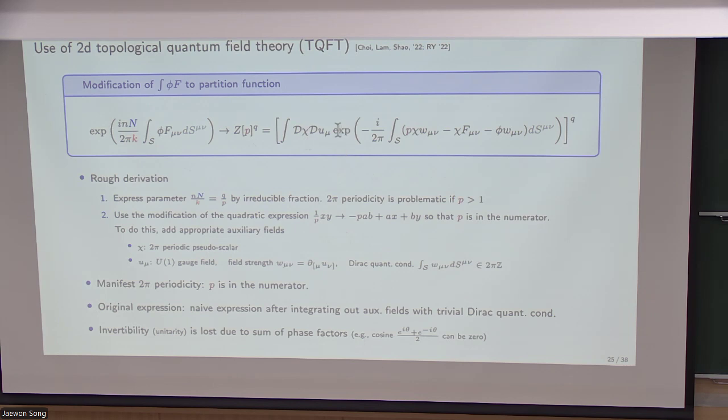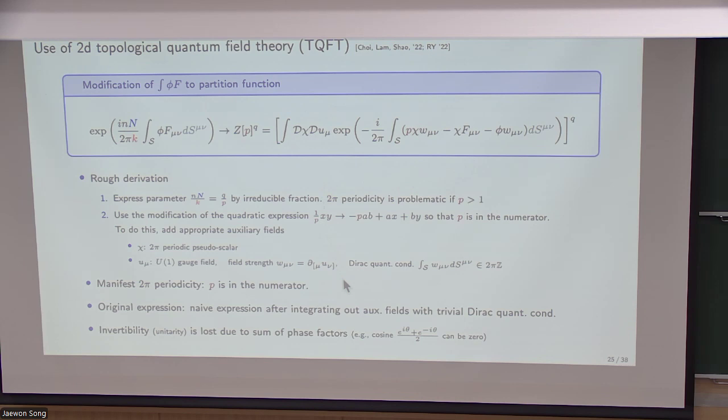Since this is a topological field theory, this gives us a phase factor. And so this path integral means that the partition function is the sum of the phase factors. So by this sum, the unitarity or the invertibility is lost.